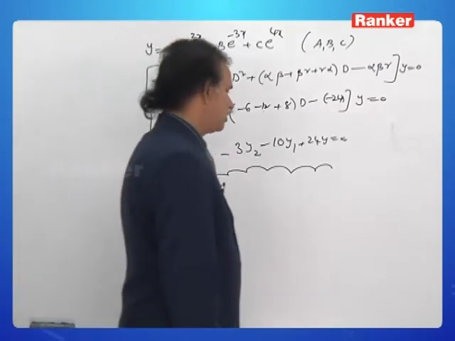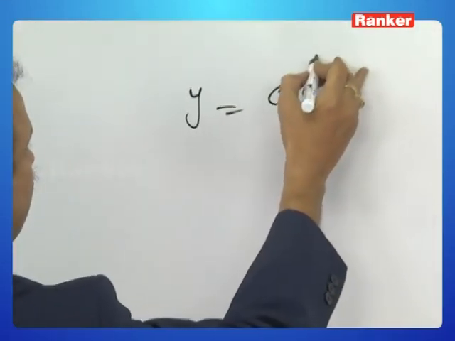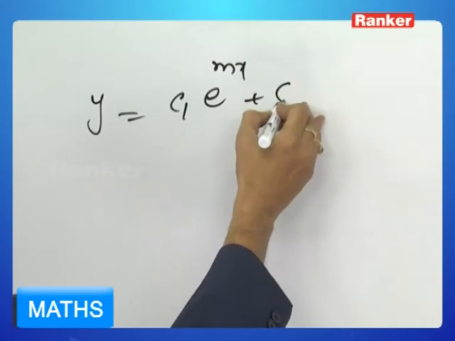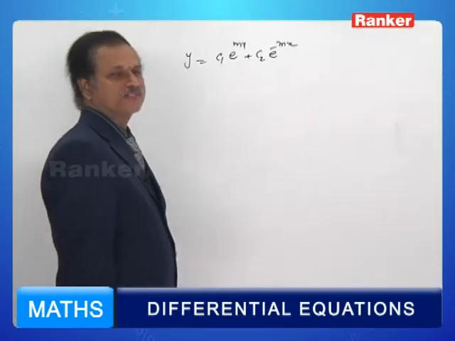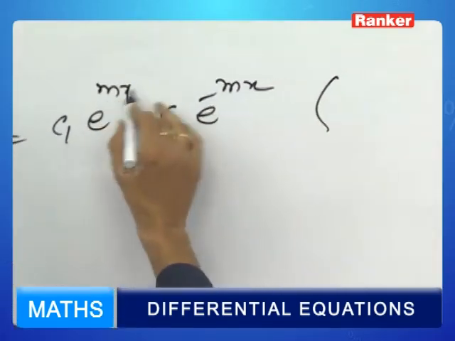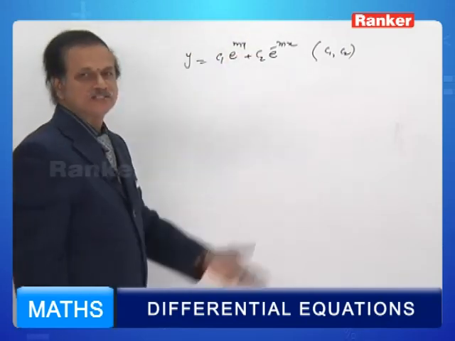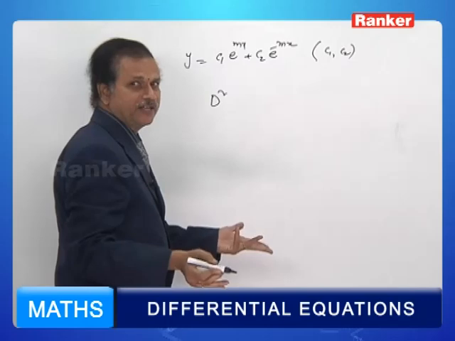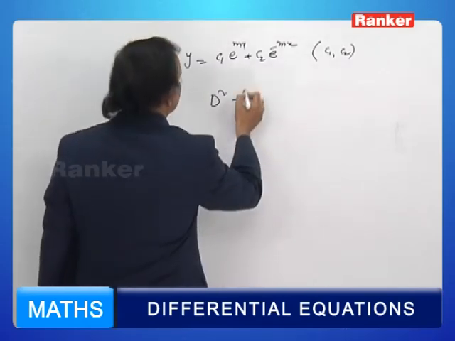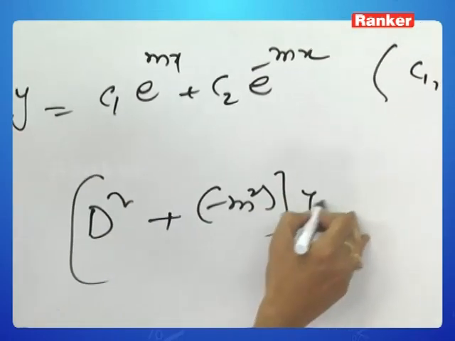Okay then, next one. Suppose y is equal to c1 into e power mx plus c2 into e power minus mx. We are supposed to use the previous hint, of course. Here alpha plus beta is 0. I think you could have observed it. So the direct answer is d square, no question of getting any d, plus alpha beta, that is minus m square of y is equal to 0.